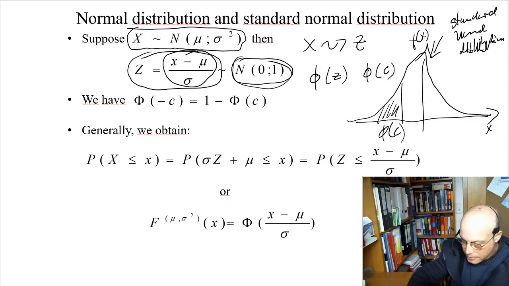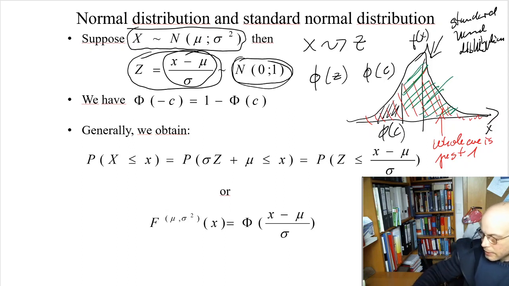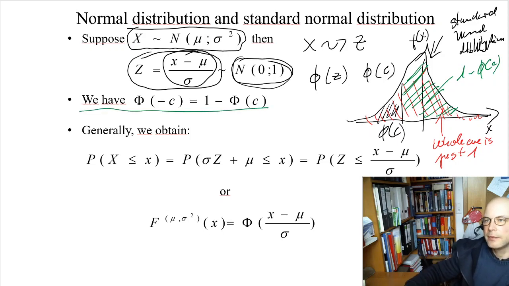Then, of course, if we take the whole area, which is just 1, then the green part here has the value 1 minus phi of c, and this is the property we have here.